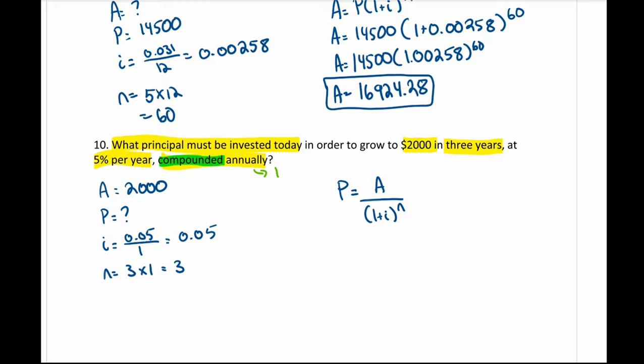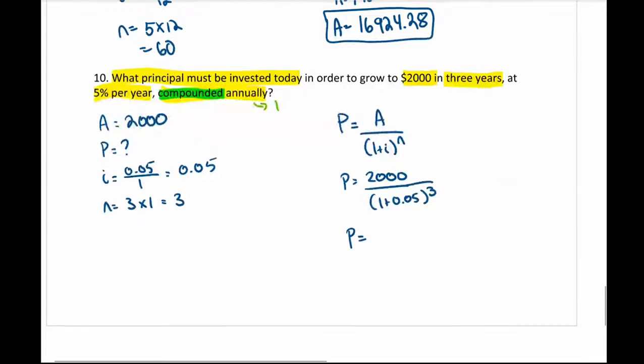So P equals A divided by 1 plus I to the power of N. P equals 2,000 divided by 1 plus 0.05 to the power of 3. P equals 2,000 divided by 1.05 to the power of 3.